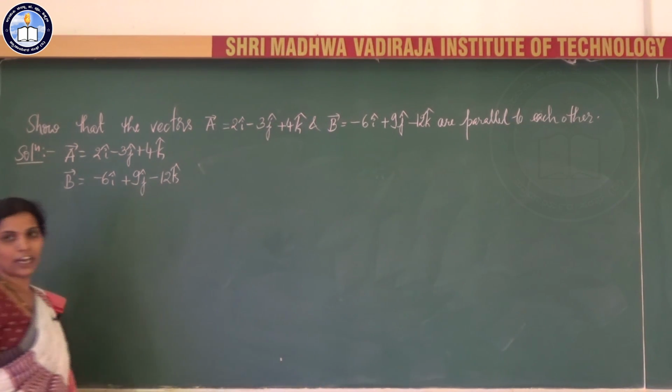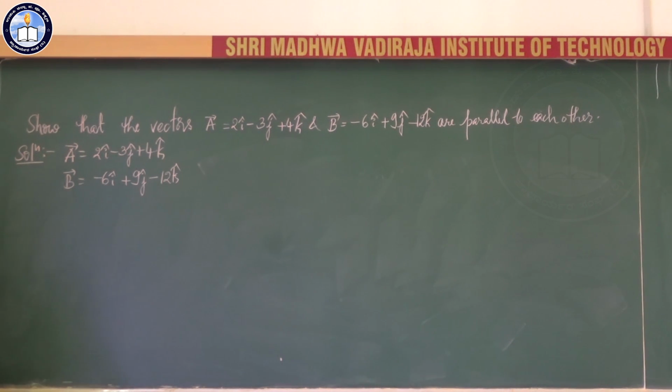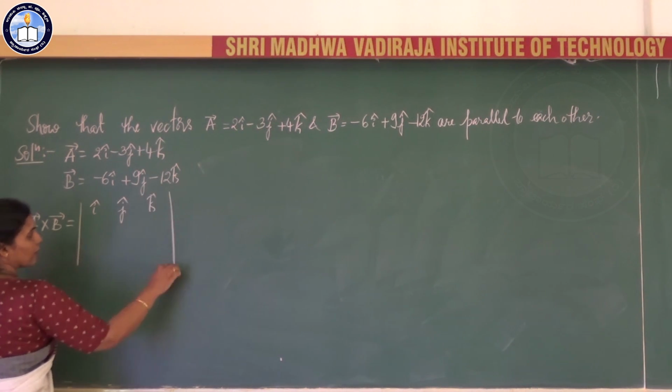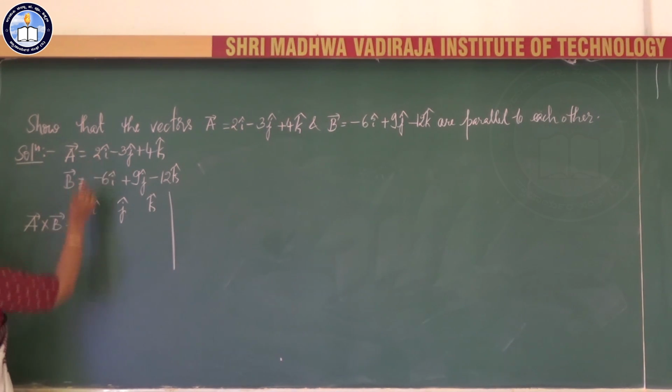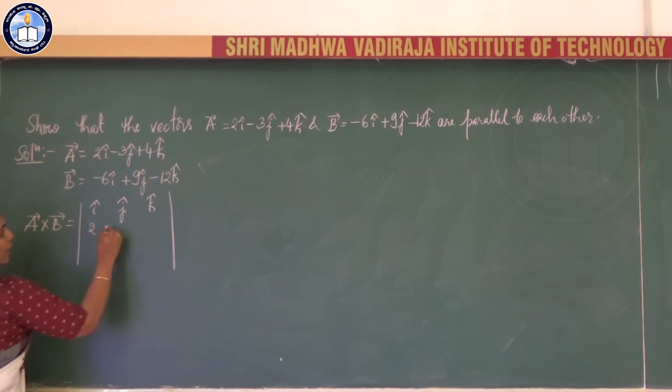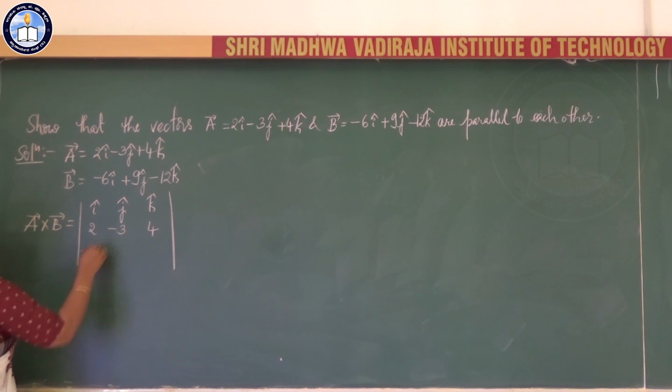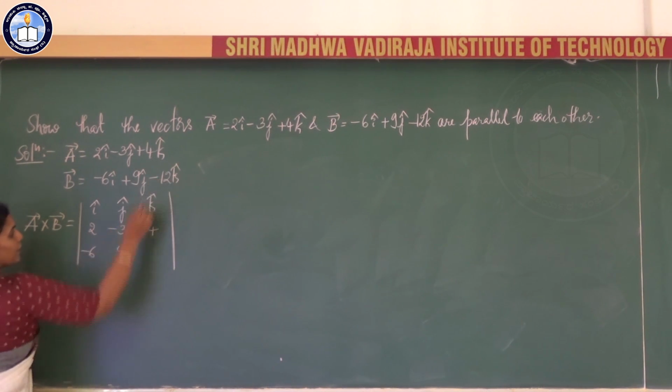Now let us use our determinant form. A vector cross B vector equal to i cap, j cap, k cap, ax, ay, az, bx, by, bz.